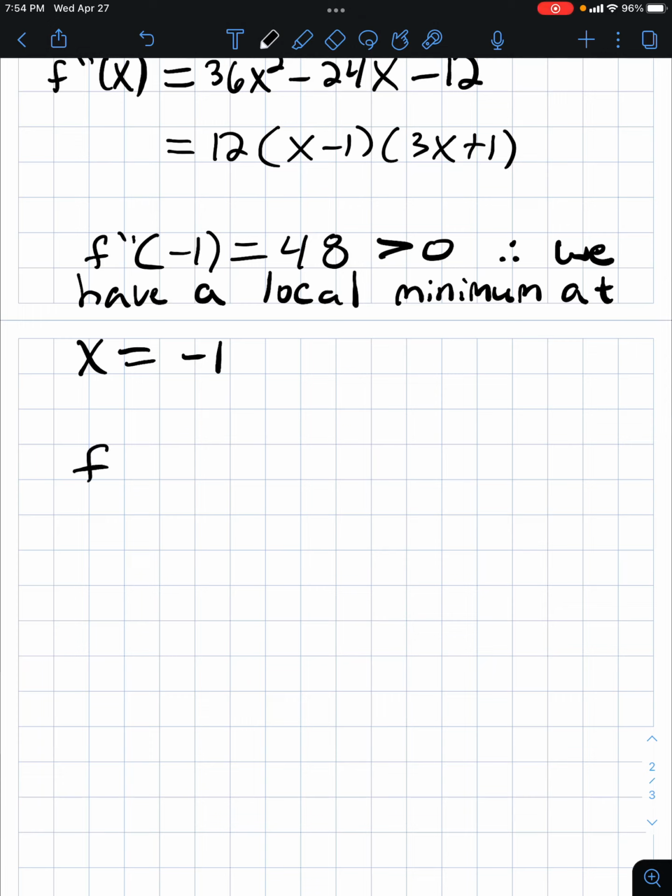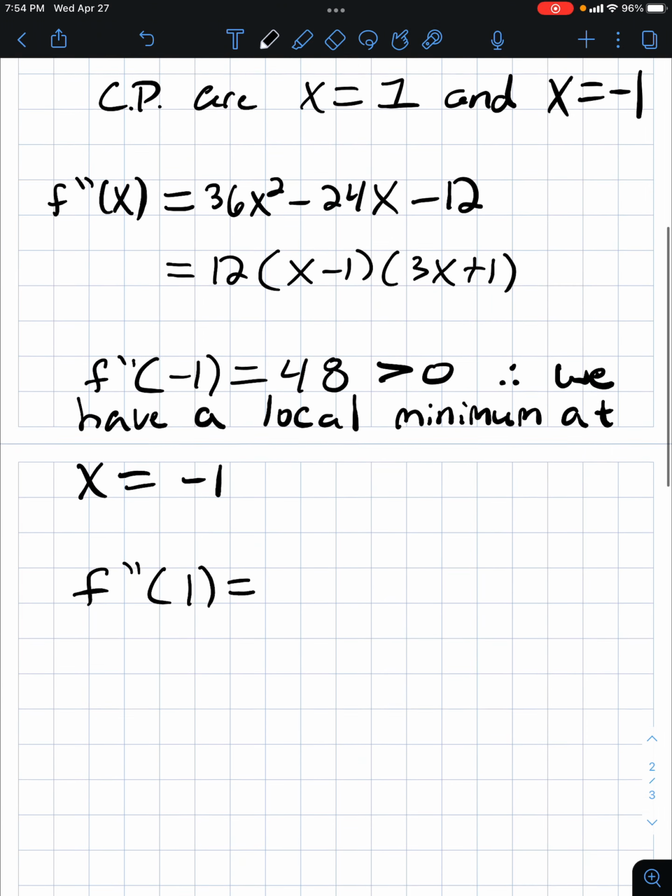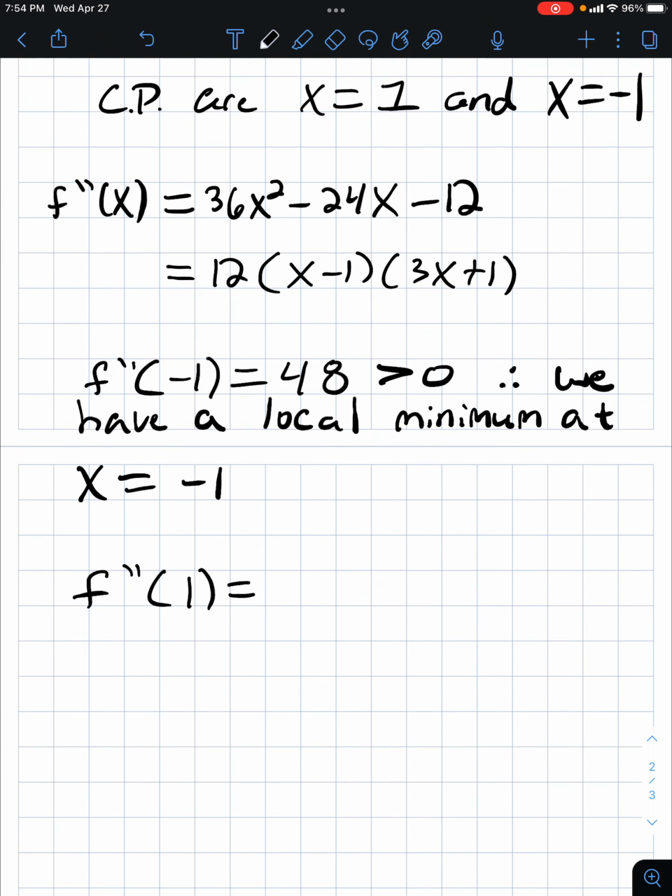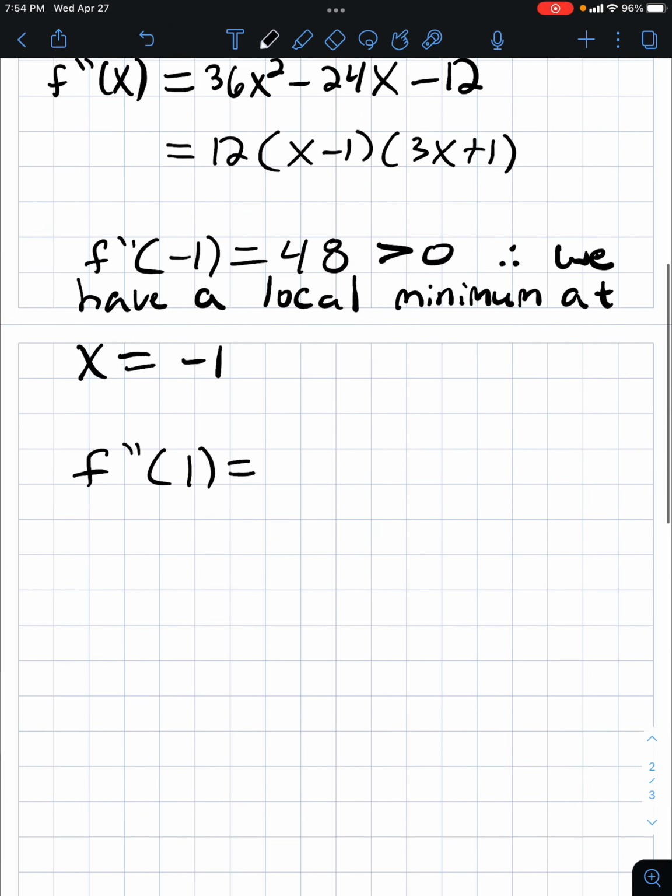Now let's check our other critical point, which is f double prime of 1. Plug in 1, and we get 0.